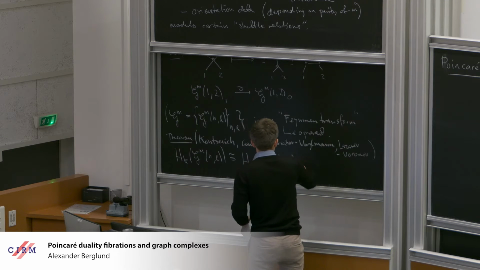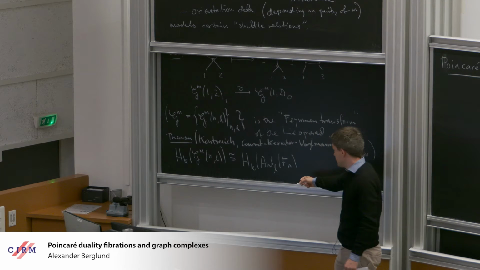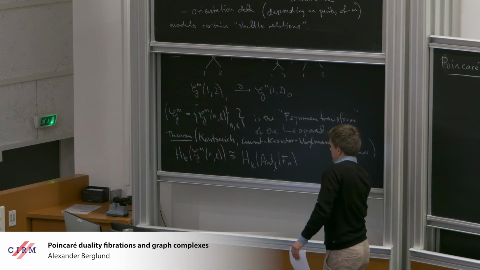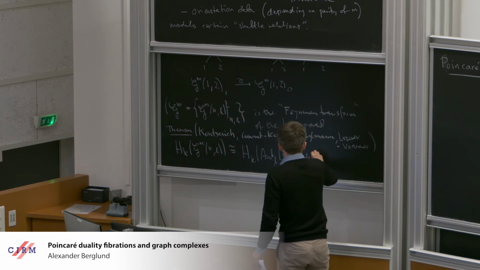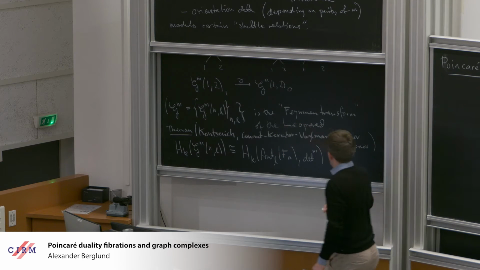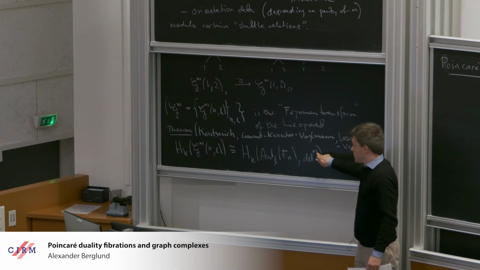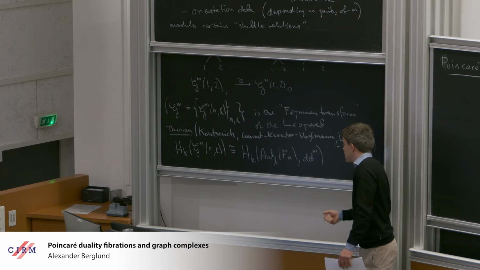So Out(F_n), where F_n is the free group on n generators, and this subscript I will explain in a second. With twisted coefficients in the determinant representation if M is odd, and the trivial representation if M is even.